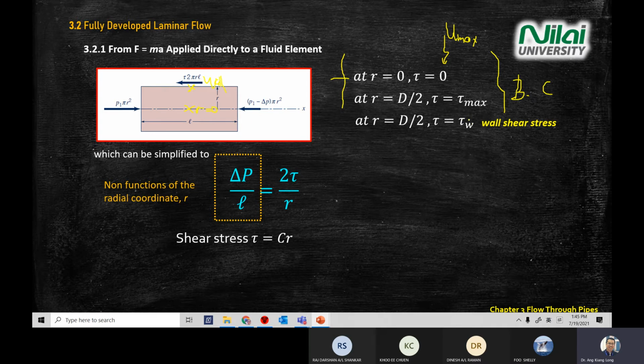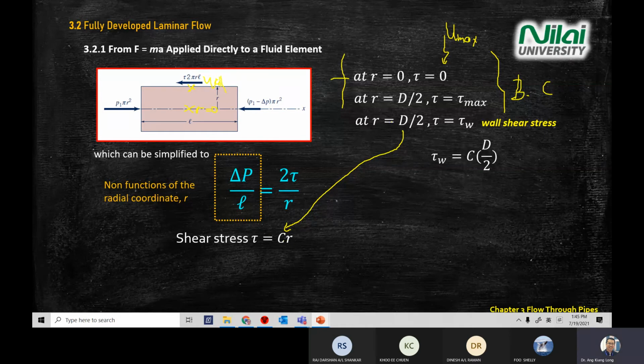W means wall: shear at the wall, or you can treat this as the friction at the wall. So what we can do here is substitute R equal to D divided by 2 in this scenario.